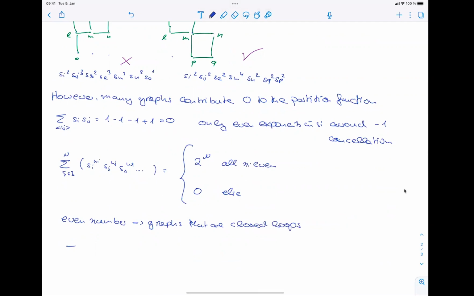And so now what I'm left with is, because I only want to look at the non-zero terms contributing to my partition function, I need to enumerate the closed loops that I can put on a square lattice.